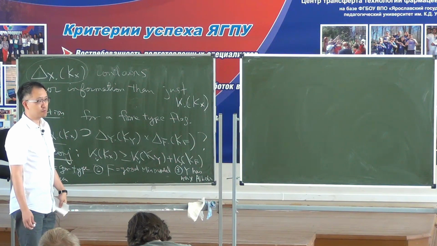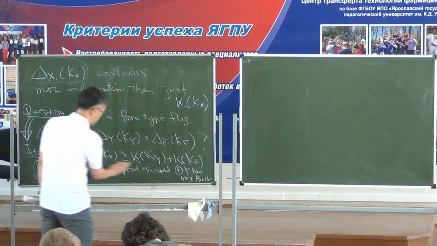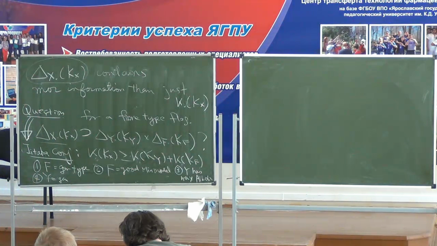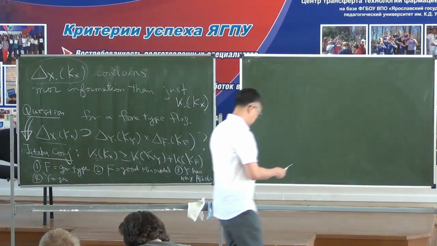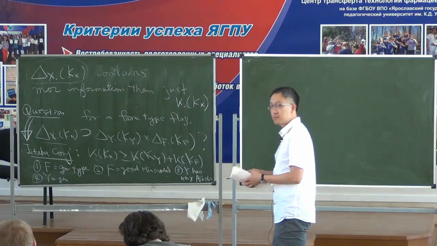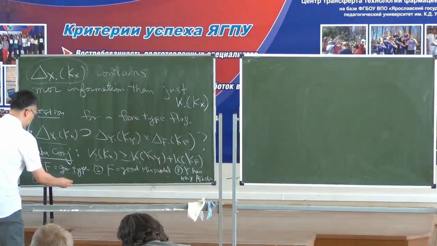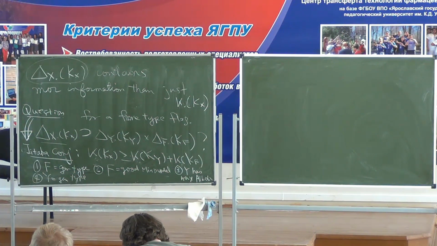But people suspect that you may not need abundance. I don't know. And I think this is also solved if Y is general type.